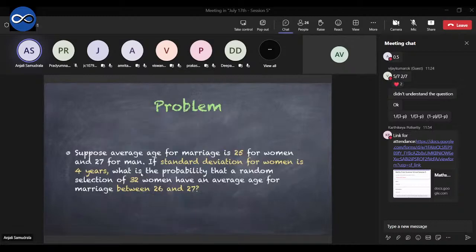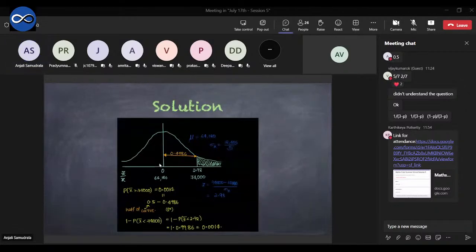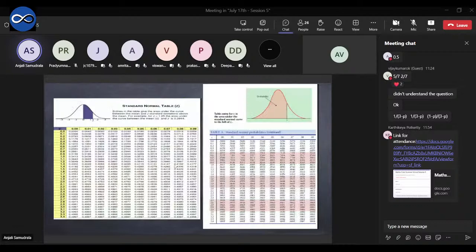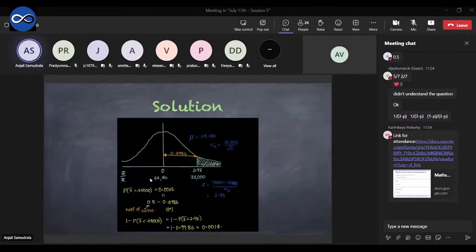Since we are taking from infinity to Z, we look up 2.98: 2.9 is here, and 8 is here. The value is 0.9986. So we subtract 1 minus 0.9986, which gives the probability of having an average salary greater than 74,000.